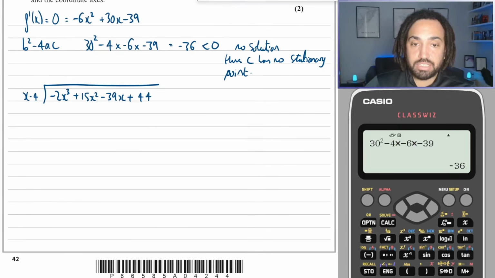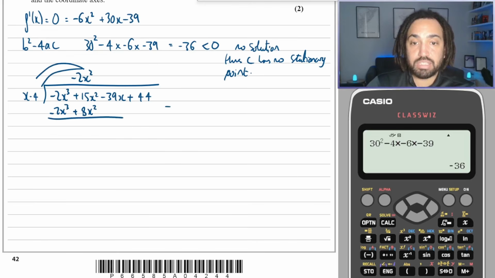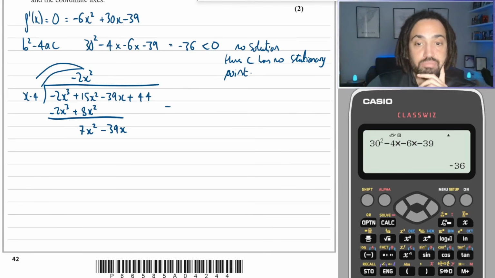so how many x's go into minus 2x cubed? That's minus 2x squared. Multiply down by both of these two. I get minus 2x cubed and I get plus 8x squared. I then subtract. This is going to give me 7x squared, and 39x minus 0 is just 39x.